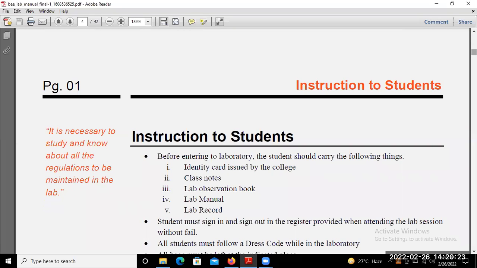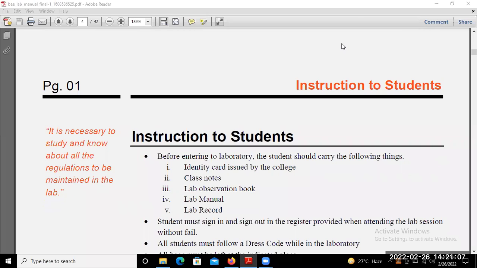Maybe you will find some general instructions for any lab, and when you physically come to the laboratory, you will follow all these points one by one. These are some basic points whenever you come to the laboratory: identity card and class notes, lab observation book, lab manual, and lab record.